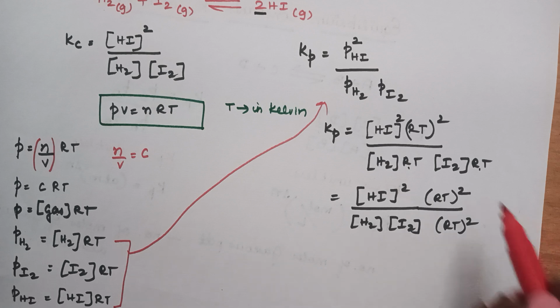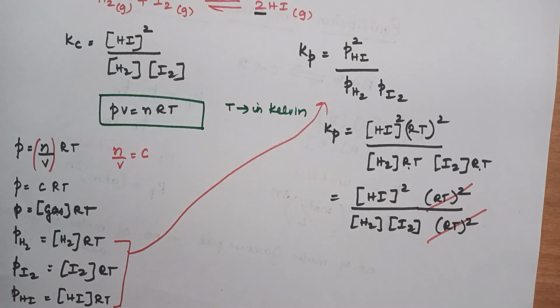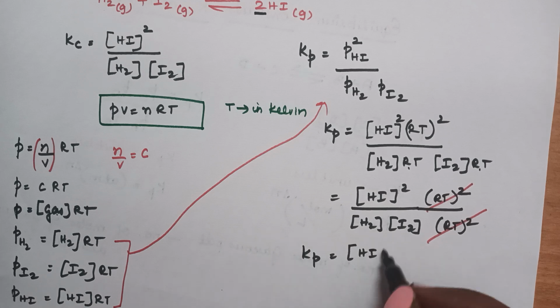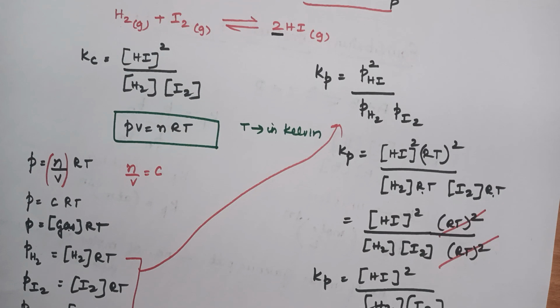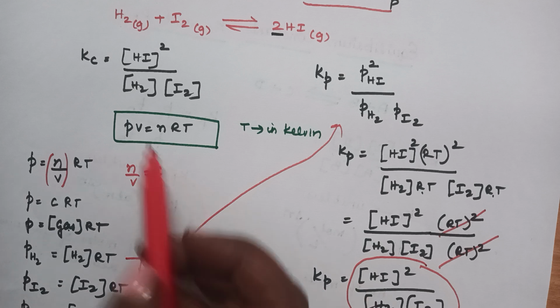Now you can cancel this. RT square and RT square will get cancelled. So what you will get? You will get Kp is equal to HI square divided by H2 into I2 concentration.